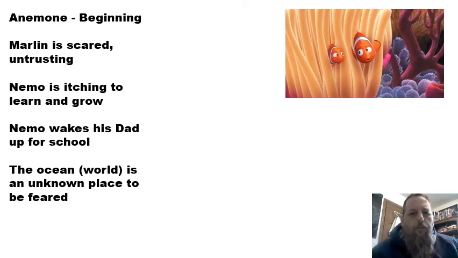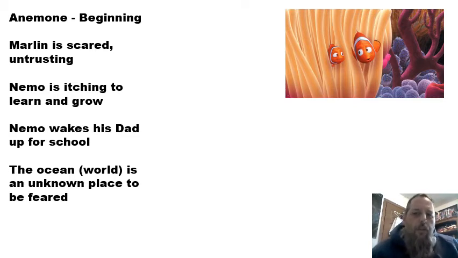In Finding Nemo, we begin in the anemone, where Marlin is scared. He's untrusting. He thinks the ocean is a dangerous place, which it is because it killed his wife and his children, I guess. But he's not allowing Nemo to grow. He's not trying to, but he inadvertently teaches him to be hesitant about the world.